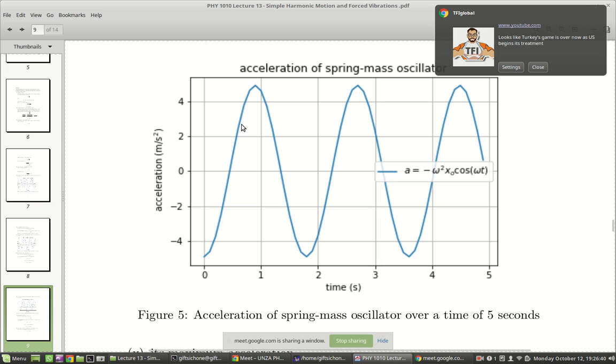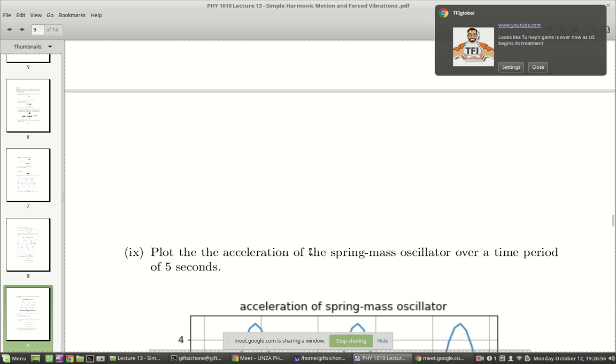At the time when you've got maximum displacement, that's when you've got maximum acceleration. Maximum acceleration happens when you've got maximum displacement.